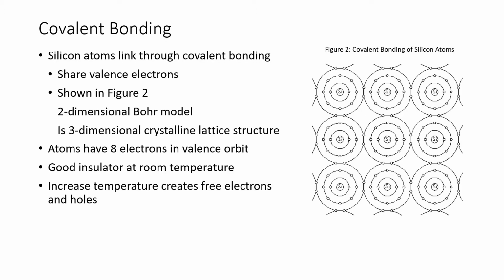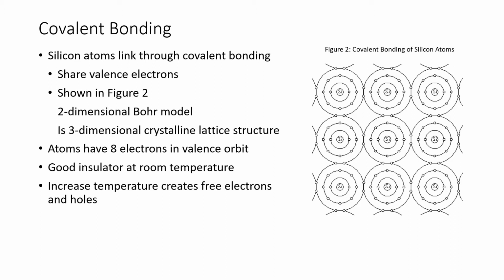Now, silicon atoms or semiconductor atoms bond together through what is called covalent bonding. And this means that in the outer orbit, these neighboring atoms share valence electrons. Figure 2 provides us with the two-dimensional Bohr model of the covalent bonding of silicon atoms.